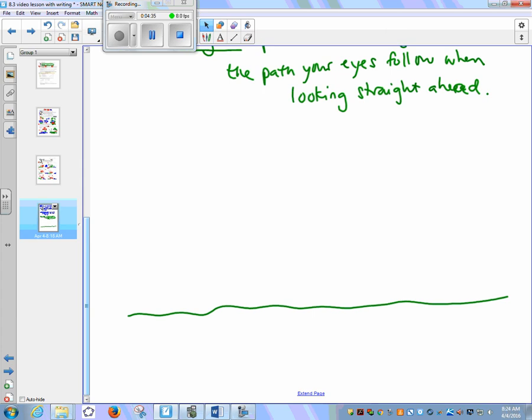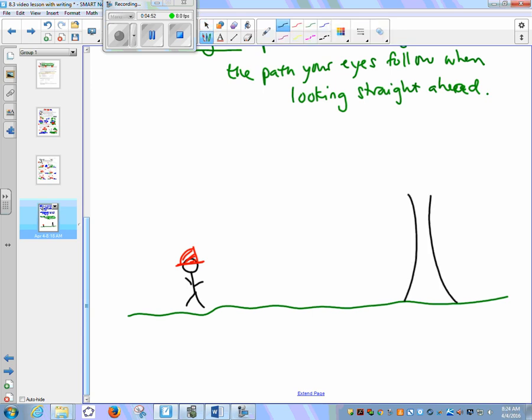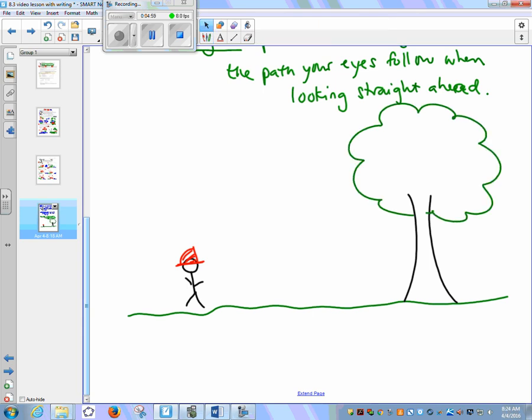Okay, so here's the ground. And here is our fireman. Can you tell that's the fireman? There he is. Okay, and I heard somebody guess it.